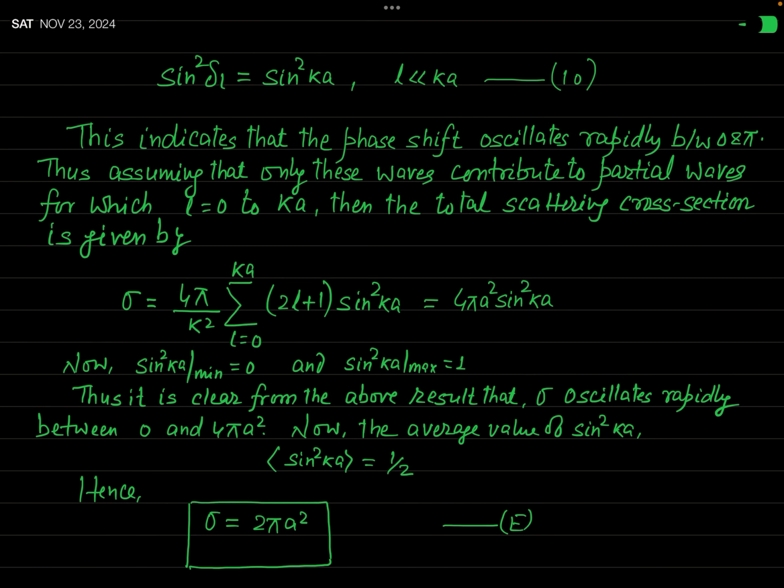When you actually use that, you will find that sine squared delta L is equal to sine square Ka.